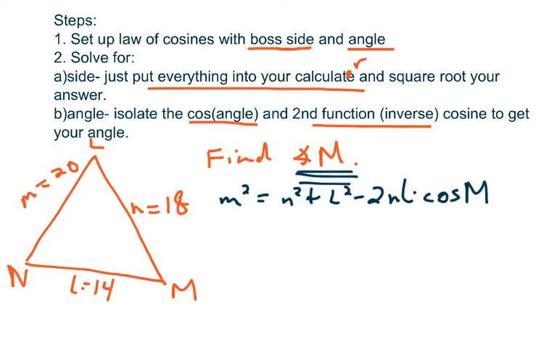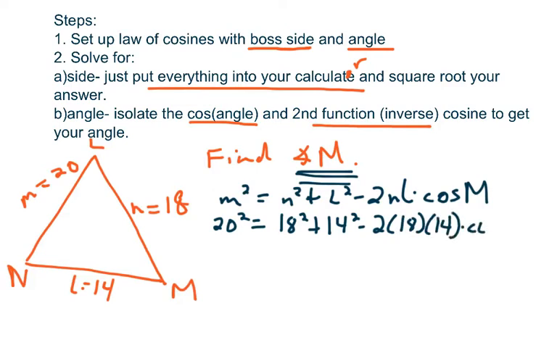Now I've got to plug everything in. 20 squared equals 18 squared plus 14 squared minus 2 times 18 times 14 times the cos of M. So we've set it up. We put everything in.